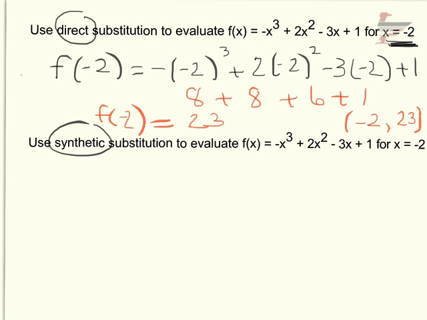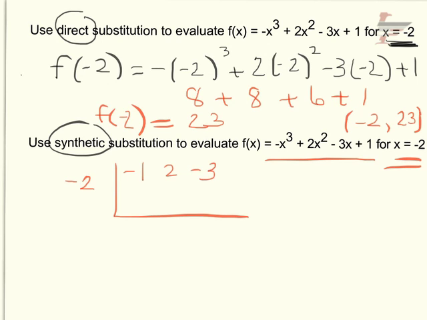Okay, now synthetic substitution, of course, is where you do the awesome little half rectangle. You're evaluating -2, so you put that up front. You take all the coefficients, and remember you have to have everything all the way from your degree, so cubed, squared, first, all the way down to the constant, which I do, but if I didn't, I'd put in a 0.